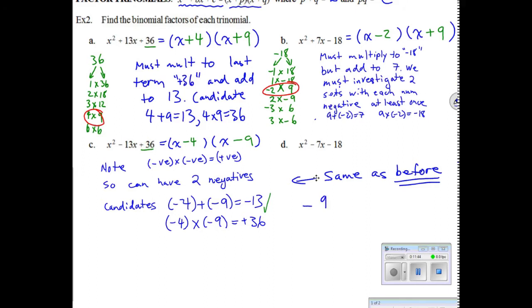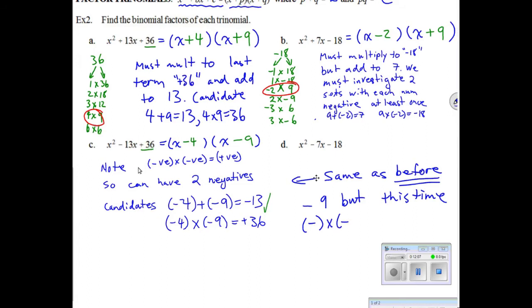And we're just going to use the candidates that we had up here to figure out what two numbers add to -7, right? Okay, that add to -7, but multiply to -18, right?